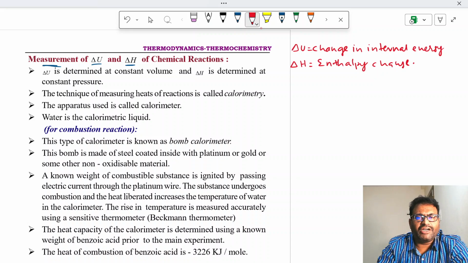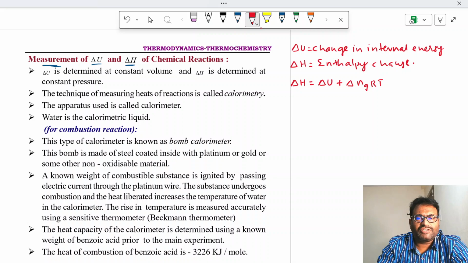We have already discussed in the previous video the relation between delta H and delta U, where when gases are involved, delta H is equal to delta U plus delta Ng RT. This is one formula.